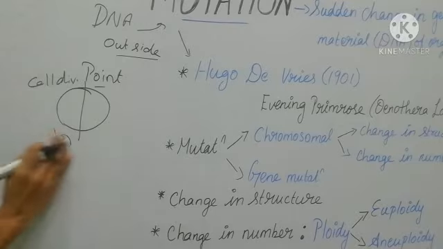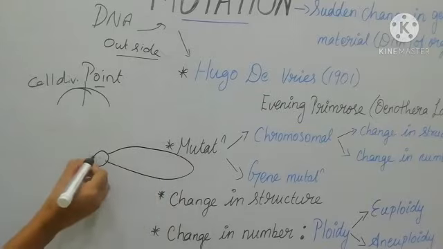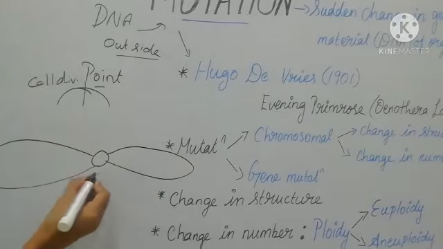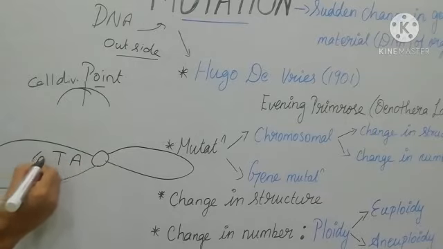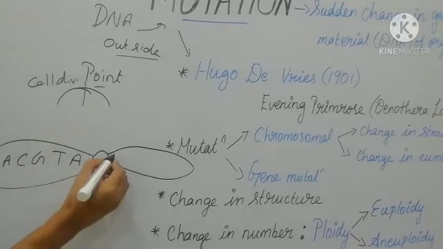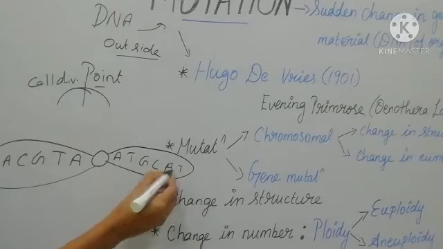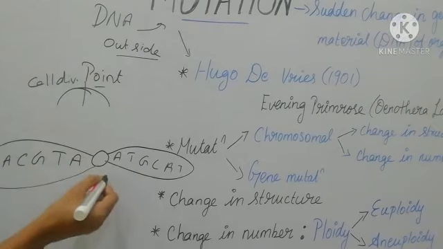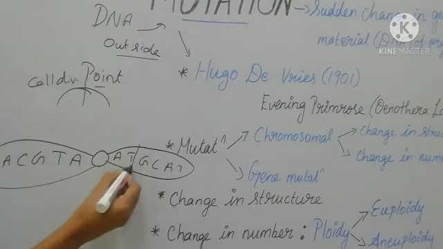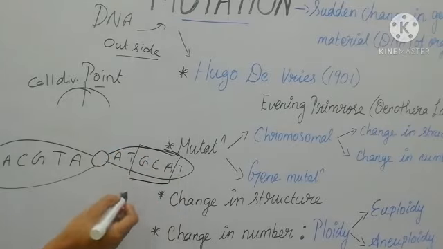We can see that with one example. We all know this is the structure of a chromosome, and inside that the nitrogenous bases are arranged, right? Just for your understanding, I am drawing A, T, G, C, A, and here also A, T, G, C, A. Like this the nitrogenous bases are arranged inside the chromosome. If a deletion takes place, and this much space is deleted from this chromosome, how will the chromosome look?